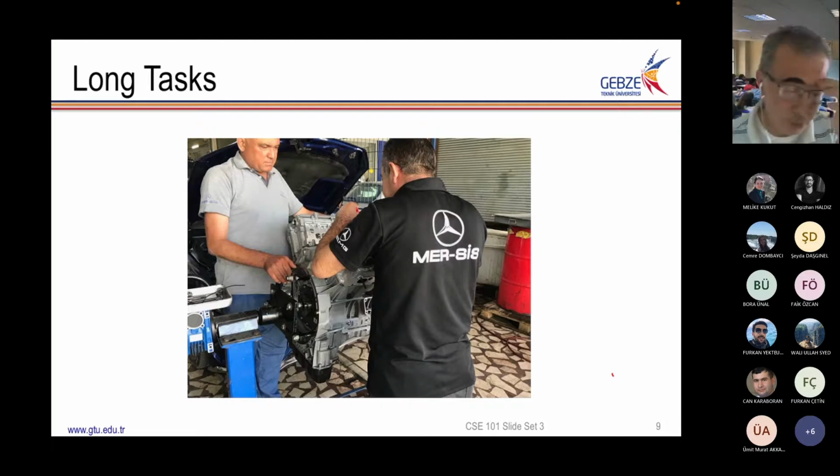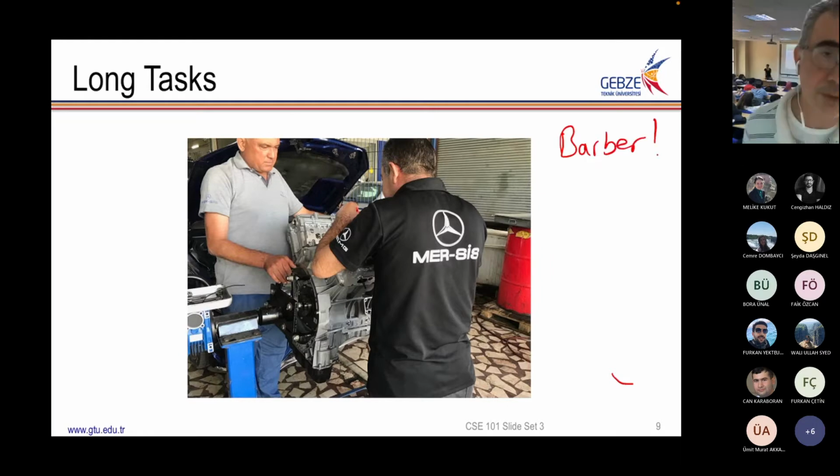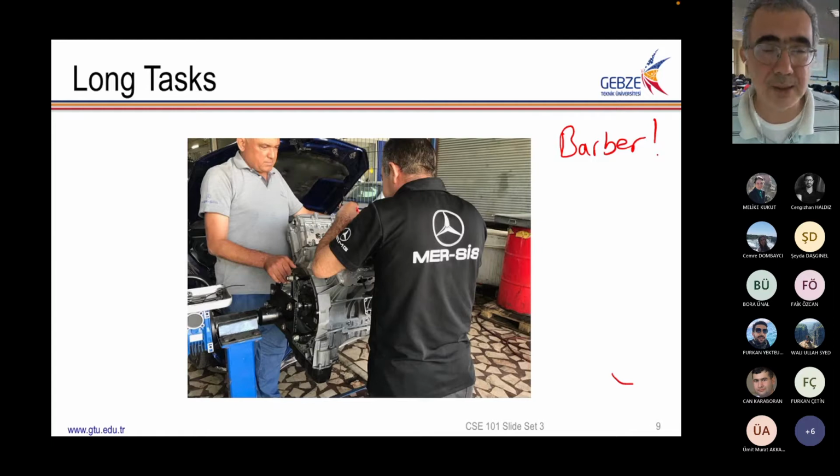Or, if the task is a barber task, hair cutting instead of auto mechanics, the same example can be given with haircut salons. You may have more than one barber. You may have more than one customer. Each customer will take a certain amount of time. They will have their haircut and go.